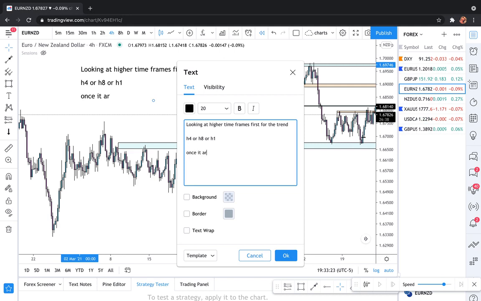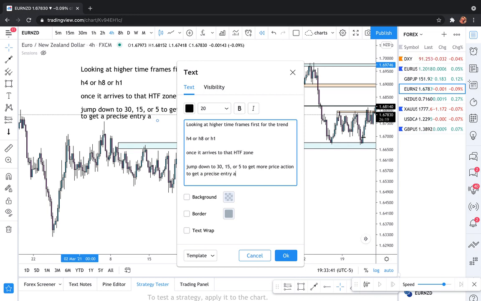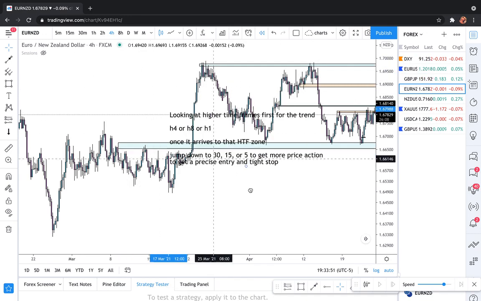Once it arrives to that higher time frame zone, jump down to 30, 15, or 5 to get more price action to get a precise entry and tight stop. If you want, like, again, people enter on 1 hour, 4 hour, 30, and they put a wider stop. It honestly depends on the person, whatever you want.